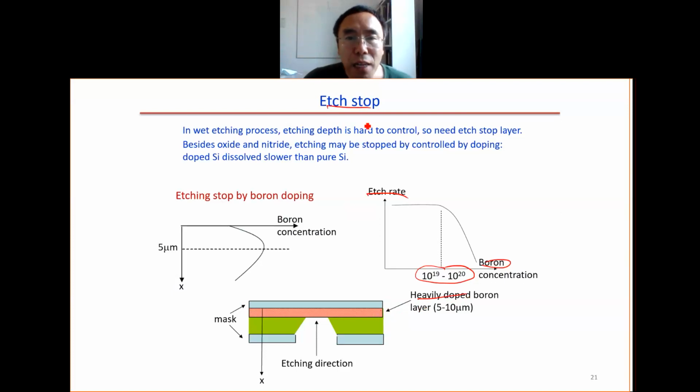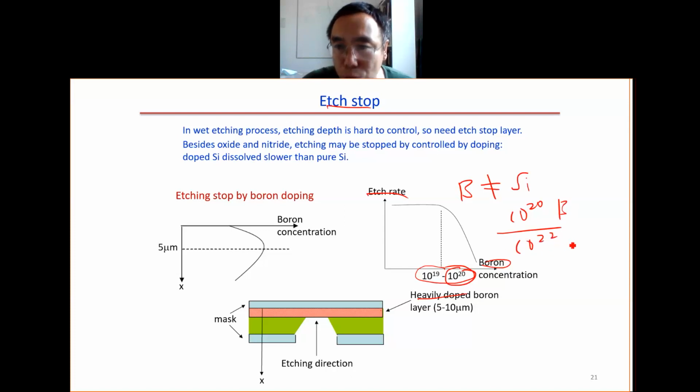So this one is useful sometimes, but it is not that useful. The problem is that boron is different from silicon. We have 10 to the power 20 boron, and for the silicon we have 10 to the power 22 silicon. So it's already like 1%.